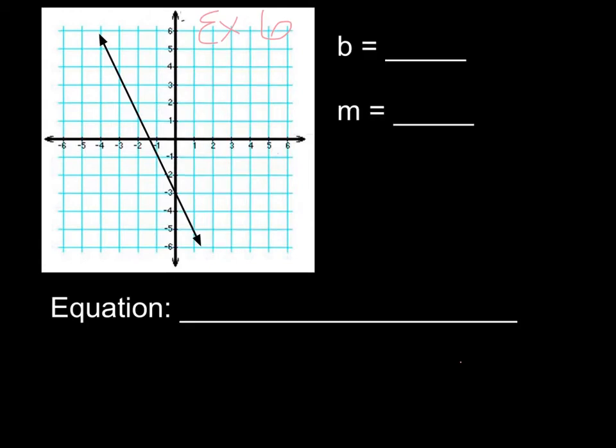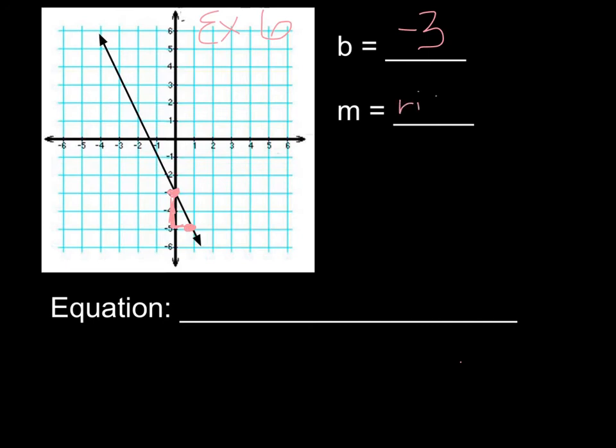Alright, here's the solution. The first thing we want to do is mark our y-intercept. Here's our y-intercept. Y-intercept is -3. And now I want to find the slope, and the next best point for finding the slope would be this point right here. And so this would be our triangle outlined in pink.